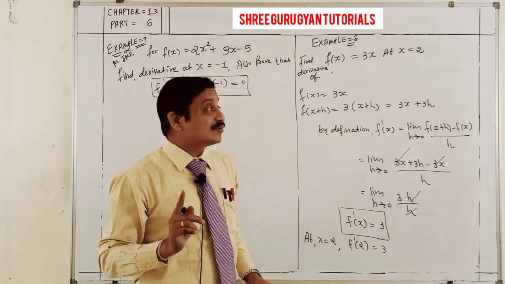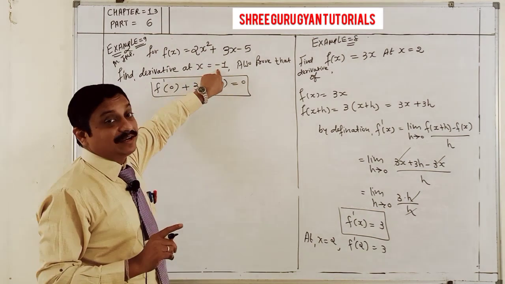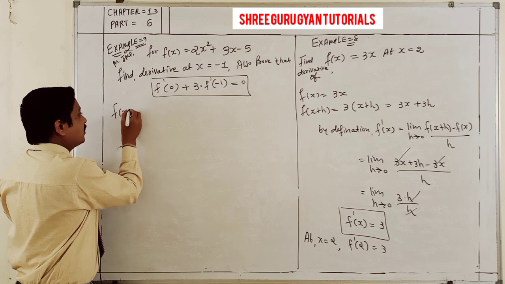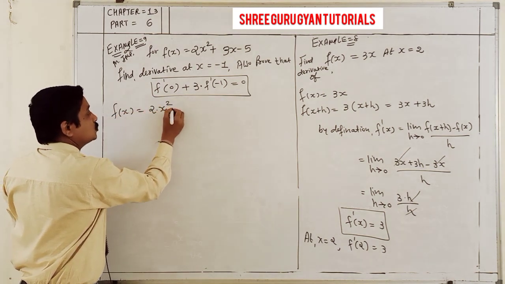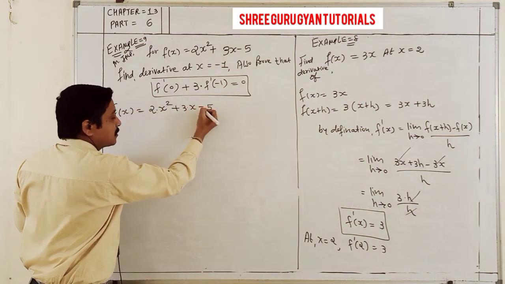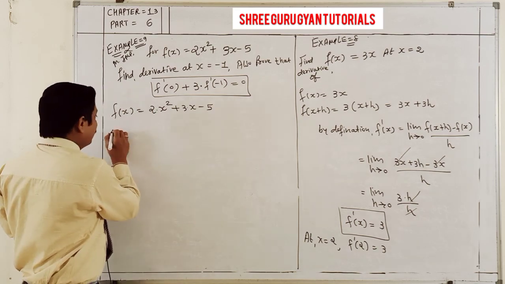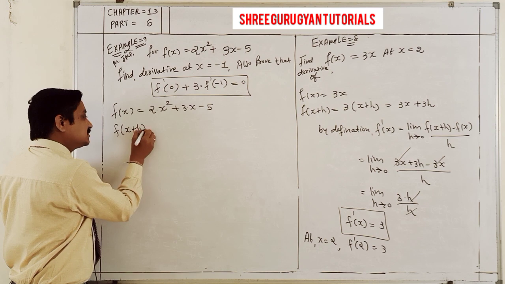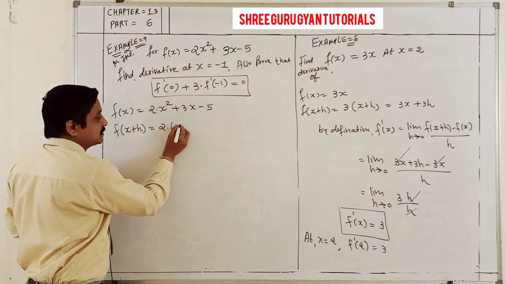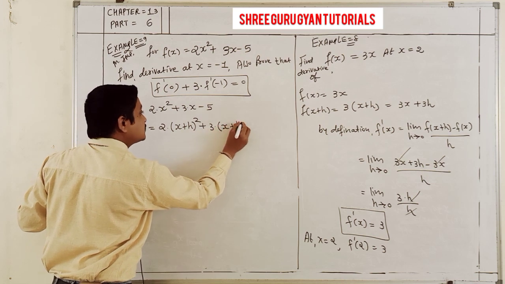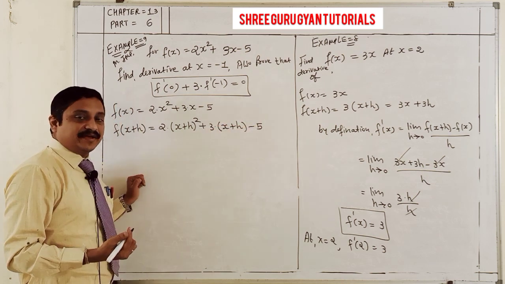So students, first of all I start with our derivative, up to x equal to minus 1. My given f(x) is 2x² + 3x - 5, and converting to f(x+h): 2 times (x+h)², plus 3 times (x+h), and minus 5.